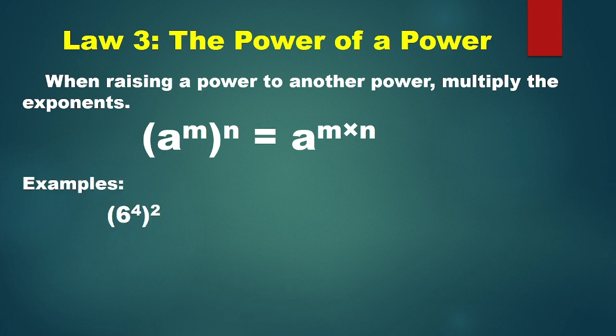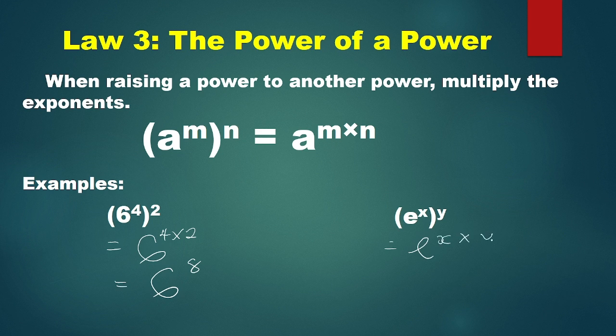For example, 6 raised to the power 4, raised to the power 2, will simply be equal to 6 raised to the power 4 times 2, which is equal to 6 raised to the power 8. Another example, e raised to the power x, raised to the power y, will simply be equal to e raised to the power x times y, which is equal to e raised to the power xy.